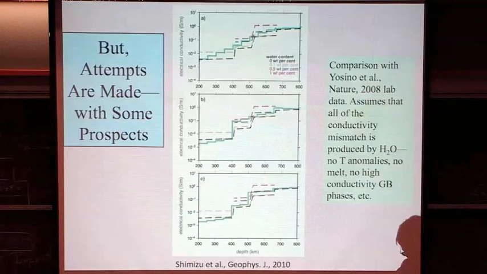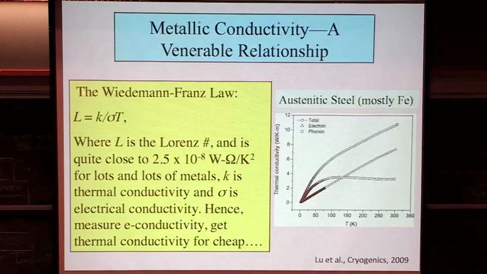Okay, so I'll conclude by talking about metallic conductivity. There's a venerable relationship here, which you'll encounter in papers relating thermal conductivity of the core to electrical conductivity of the core, called the Wiedemann-Franz law, which has been around since the 1850s.